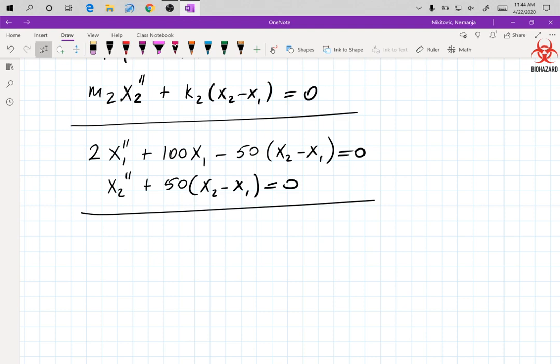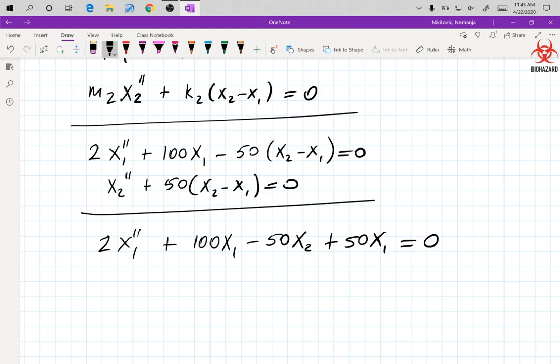Then I have to distribute everything and deal with that. So I'm going to go with 2 x1 double prime plus 100 x1 minus 50 x2 plus 50 x1 equal to 0, and x2 double prime plus 50 x2 minus 50 x1 equal to 0.